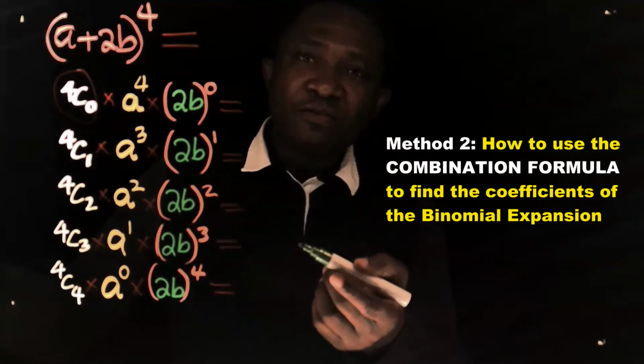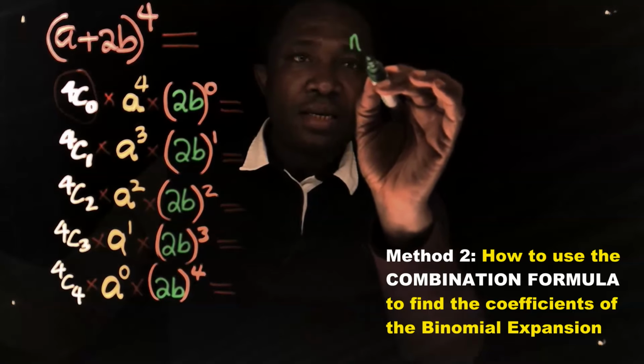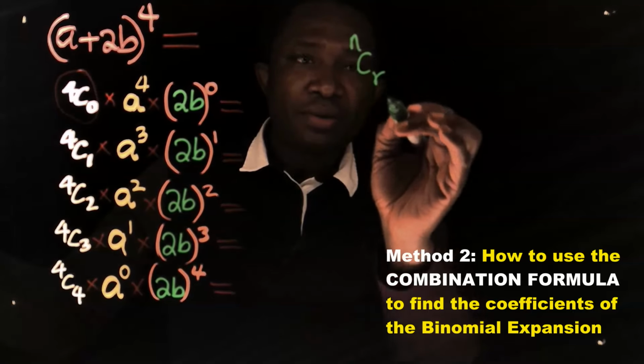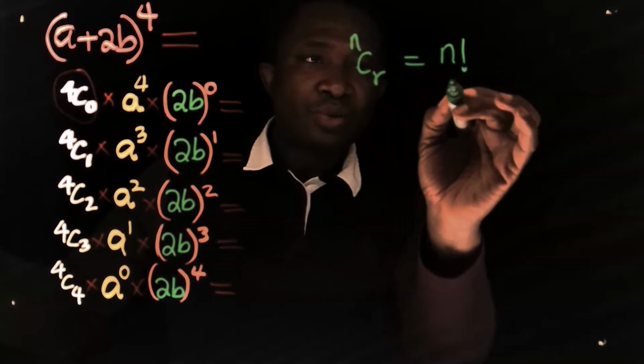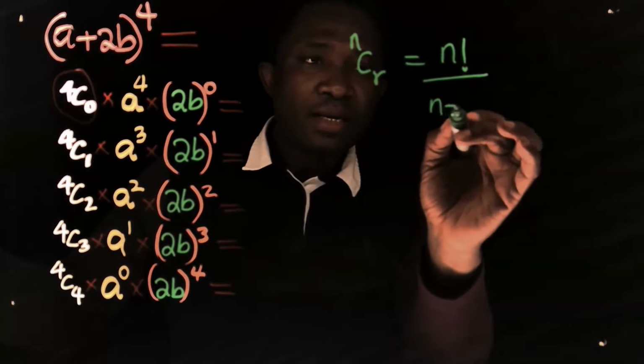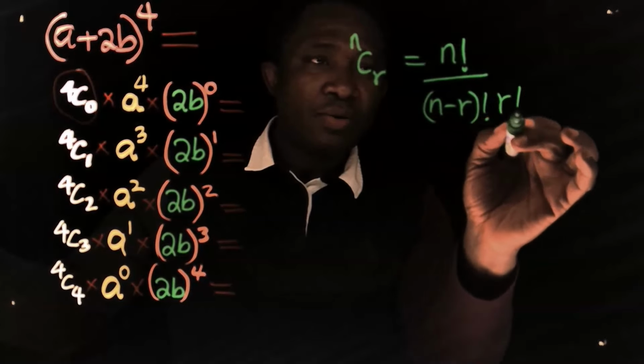Another way to find the value is by using the formula: n combination r will give you n factorial over (n minus r) factorial times r factorial.